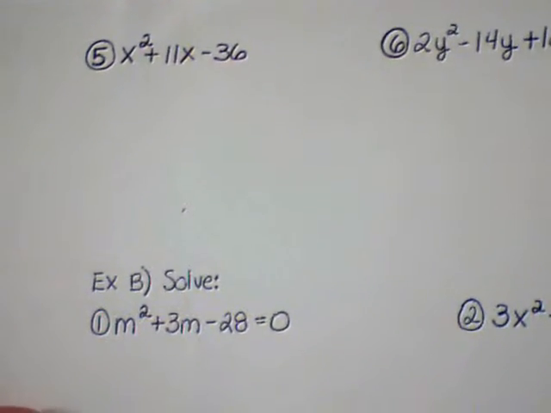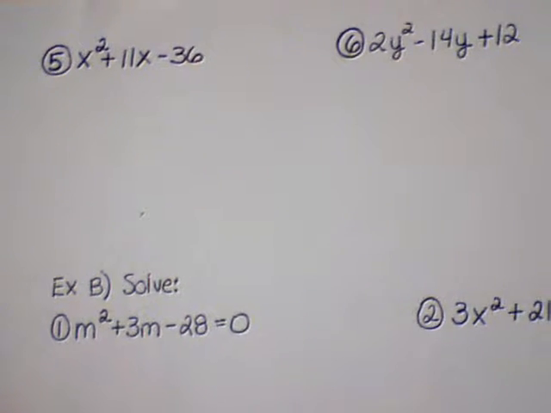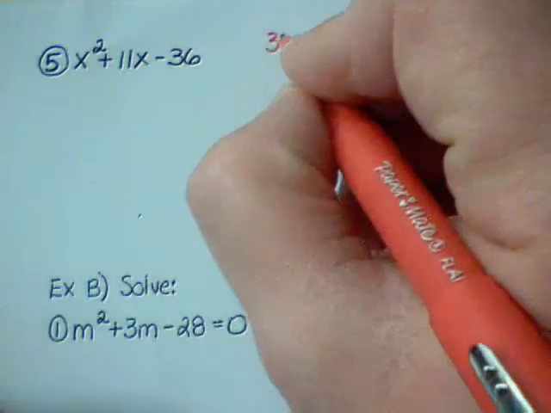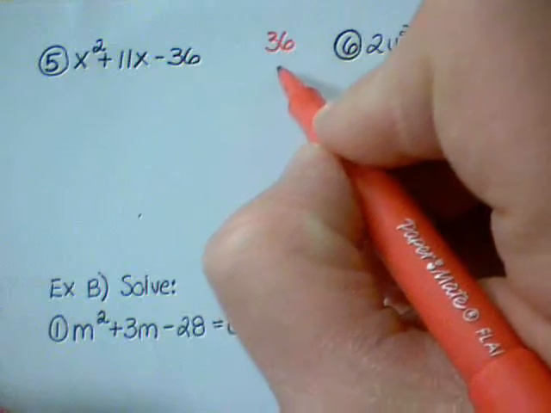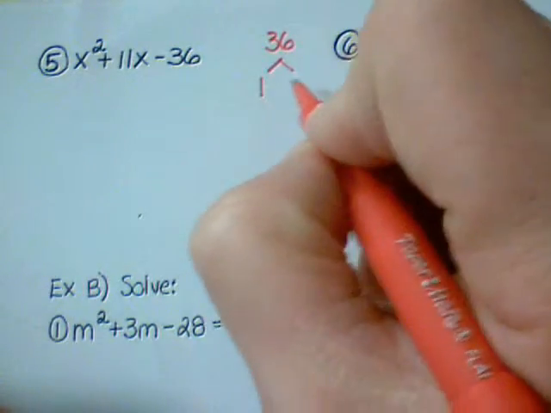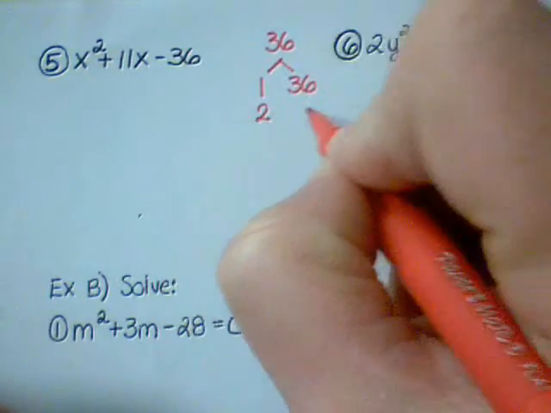So we're going to work on problem number 5. All right, so we're on top of page number 8. First thing we're going to do, we'll start with 36. Then we'll ask ourselves, can I divide 36 by 1? And the answer is yes. 36 divided by 1 is 36. Can I divide it by 2?